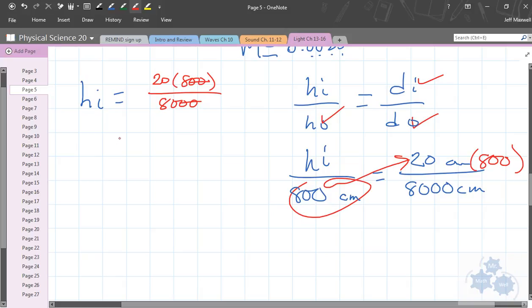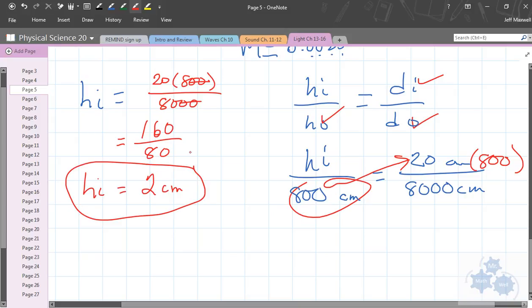You can do that, but if you're using a calculator, it probably doesn't really matter. So this is 160 over 80, which is what? 2, and what's the units going to be? Centimeters. Okay. See, if you do it that way, simplify, you don't need your calculator at all. So the height of the image on the camera is 2 centimeters.